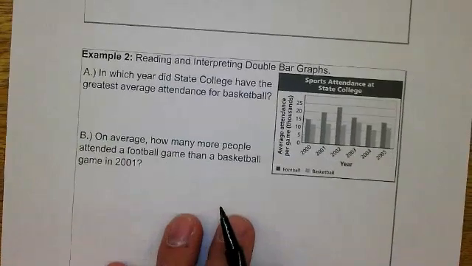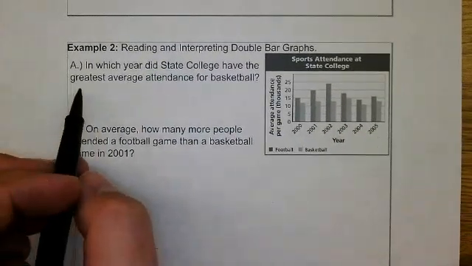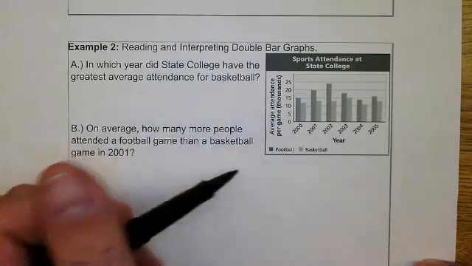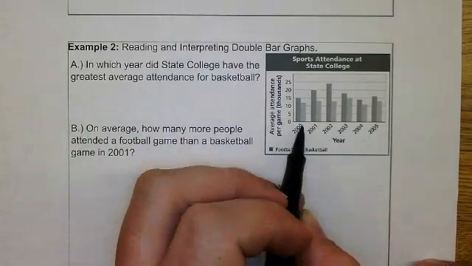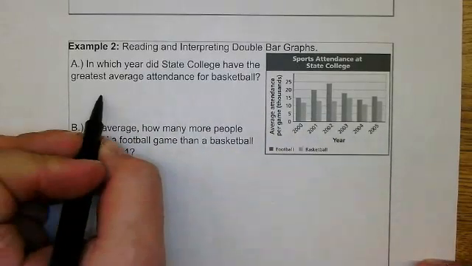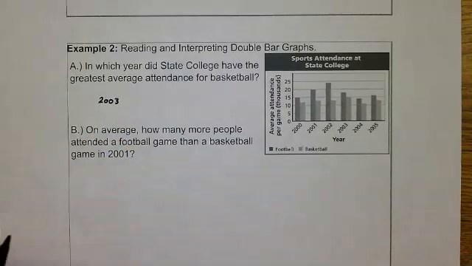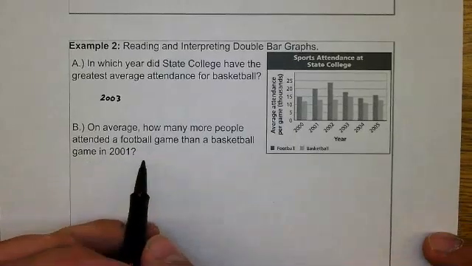Okay, when we look at our next one, in which year did the State College have the greatest average attendance for basketball? We have football and basketball. Football's a darker, basketball's a smaller one. So 2003. On average, how many more people attended a football game than a basketball game in 2001?